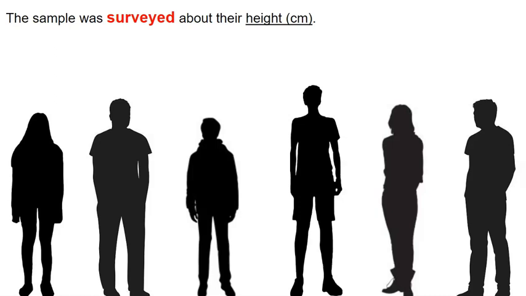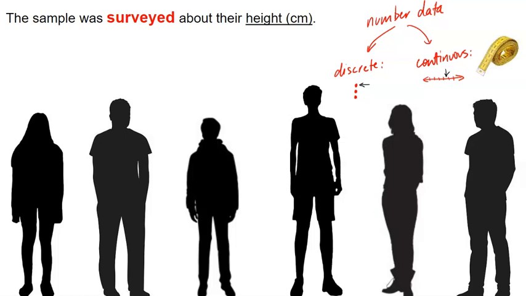Is height data categorical, discrete, or continuous? It isn't categorical data. It's definitely number data, but is it discrete or is it continuous? You know if it's continuous data because you've collected the results by measuring them. You've used a measurement instrument like a tape measure.